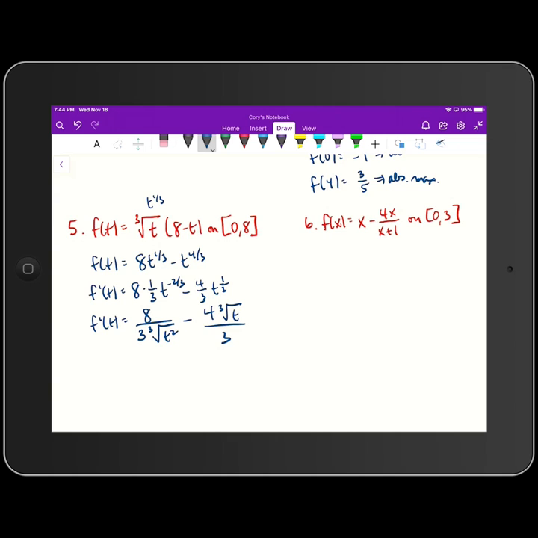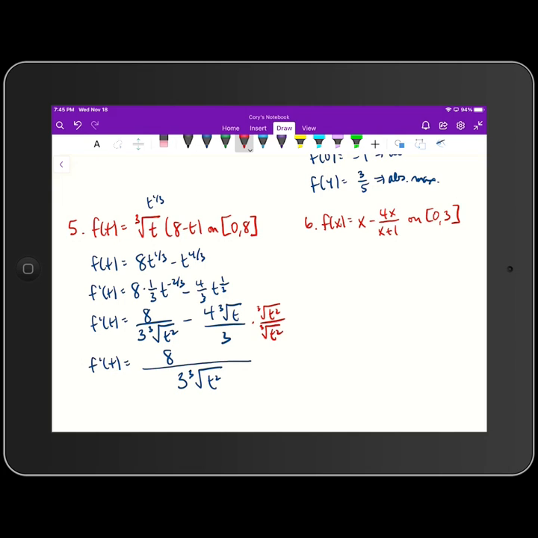When I look at the two fractions, my goal is to combine into a single fraction. I want to get a common denominator, and the common denominator is going to be 3 times the cube root of t squared. My fraction on the left already has that denominator, so I don't have to do anything to that first numerator. But if I want the second fraction to have that denominator, I have to multiply the top and bottom by the cube root of t squared.